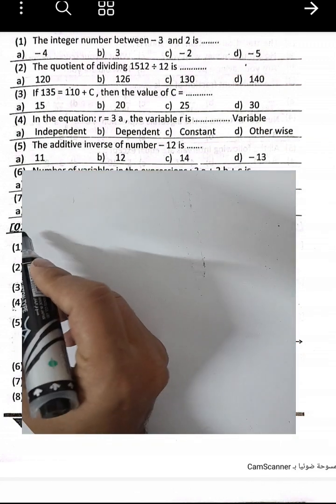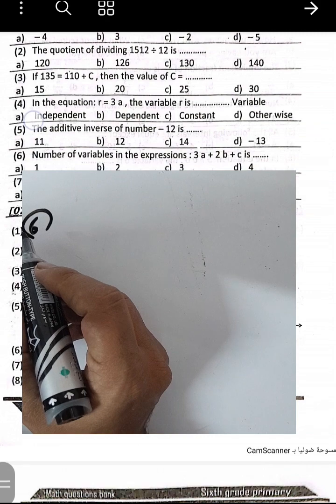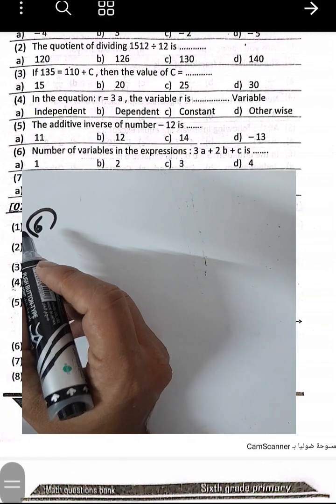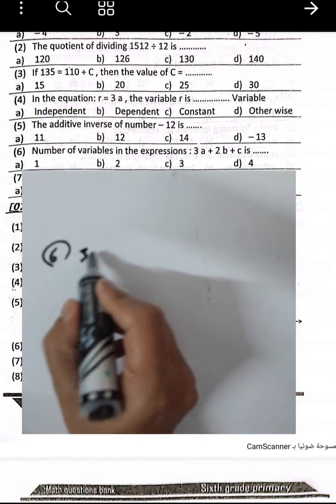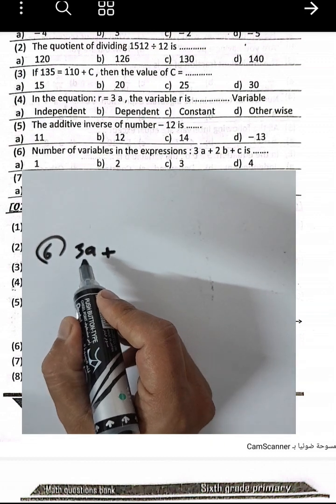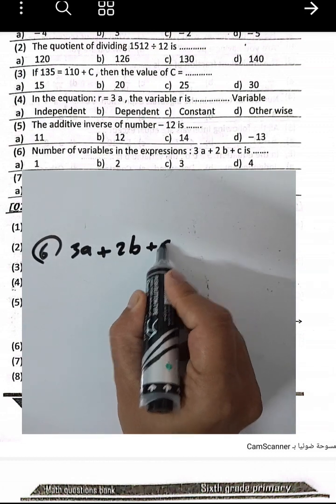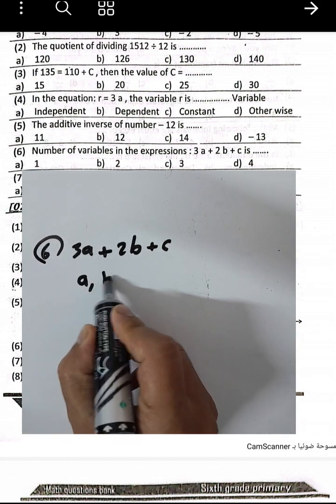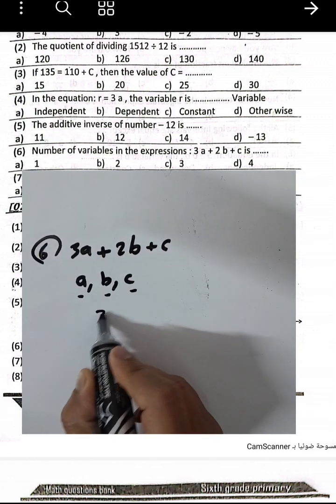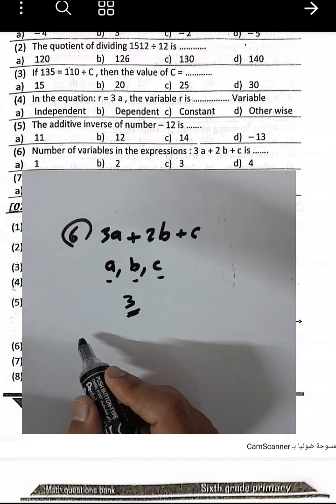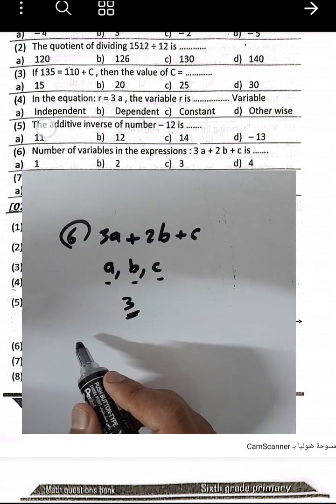Question 6. Number of variables in the expression. We have 3a plus 2b plus c. We have here a, b, and c. 3 variables. The number of variables here will be 3.